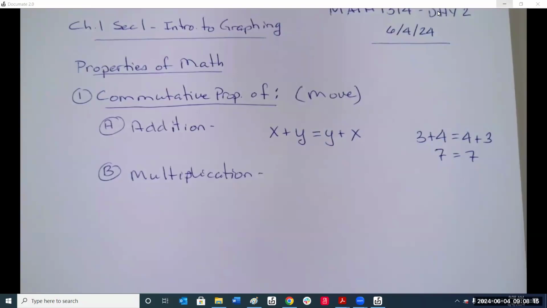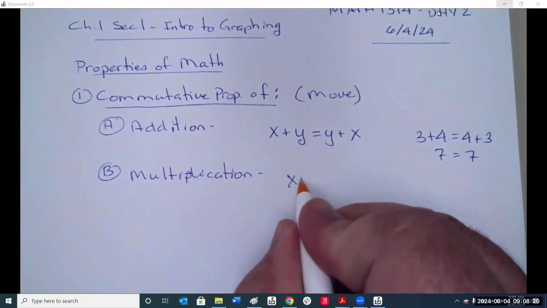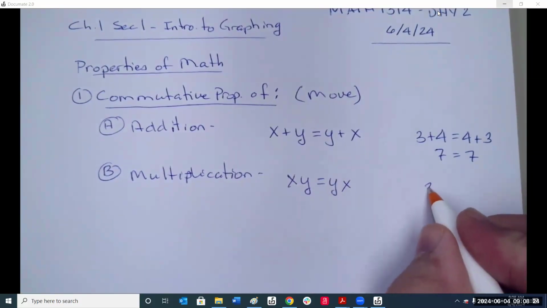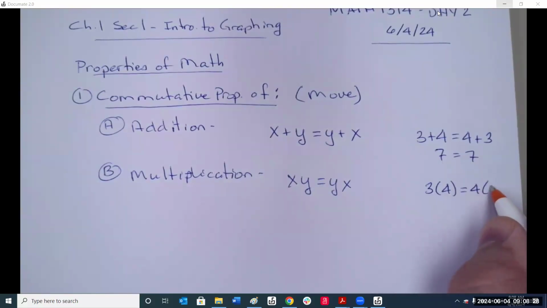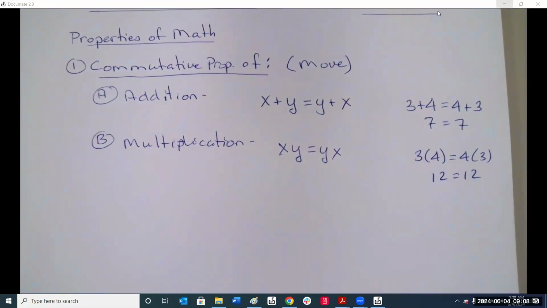So it doesn't matter how we arrange them. Same thing with multiplication. X times Y is the same thing as Y times X. 3 times 4 is the same thing as 4 times 3. They both equal 12. So that's the commutative property. We can move around numbers if we need to.